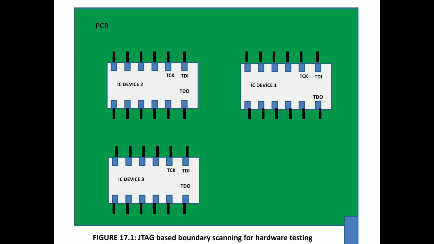This port is used to establish a connection to an external physical device. That physical device may be an IC also. This is the test access port with the TDI pin, the test clock pin, test data input, TMS, test mode select, and test reset pins, and this is the TDO output.